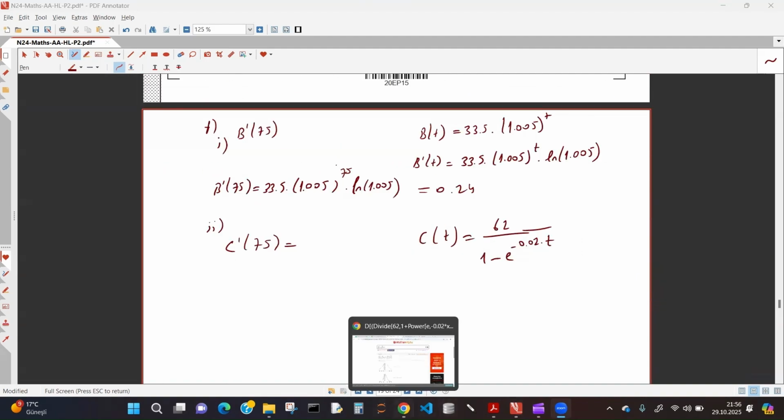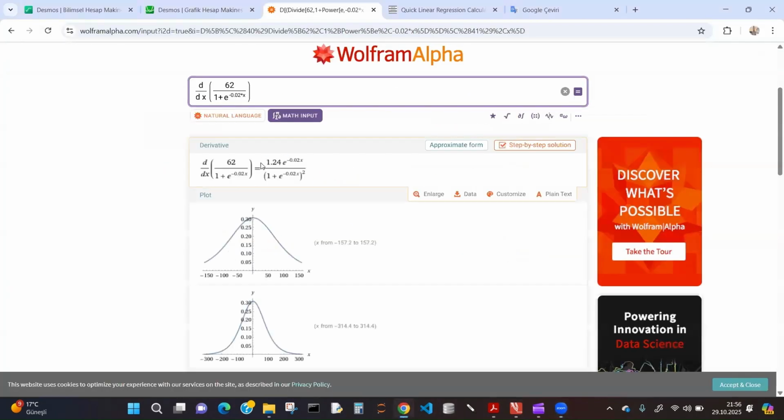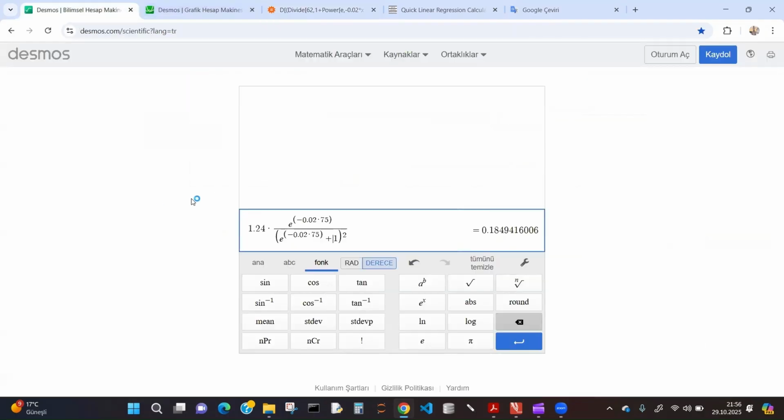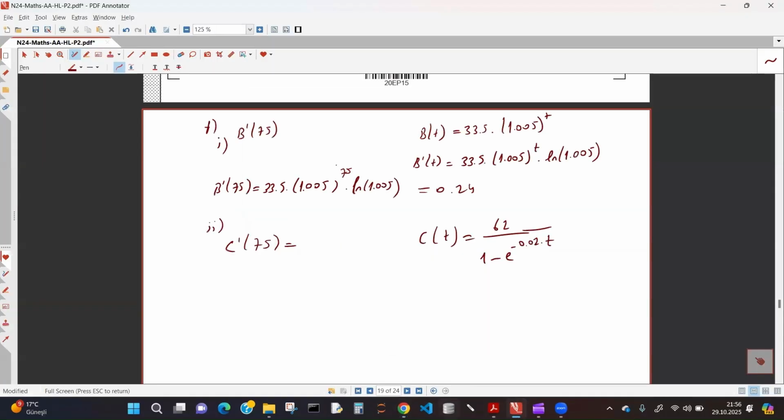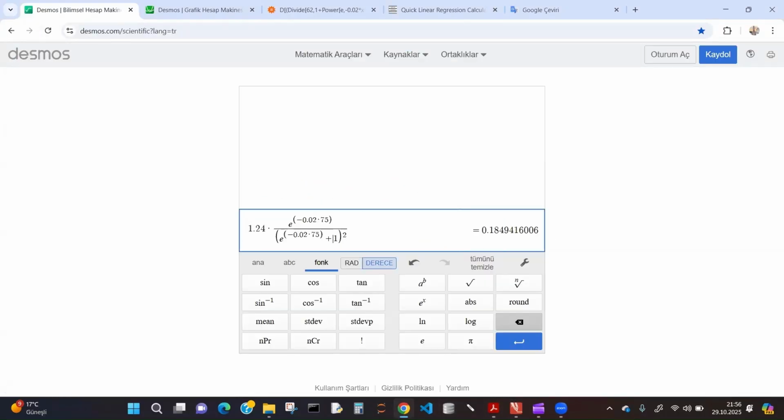And when we find the derivative of this function, as I told you, like in your TI-Nspire, you will directly find the value of this derivative. I first found the derivative of this function and then calculated it at the point 75. It's approximately 0.18, or 0.185.